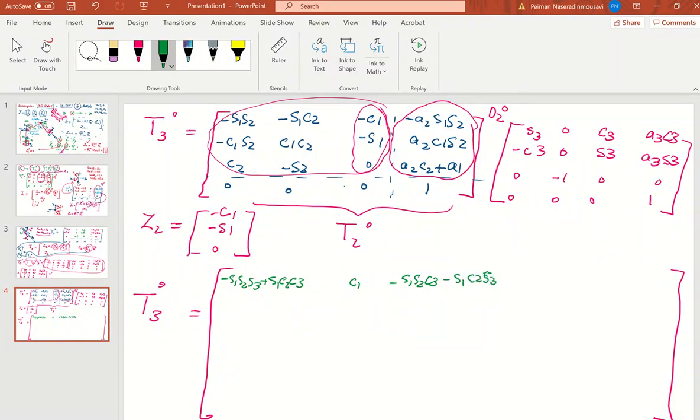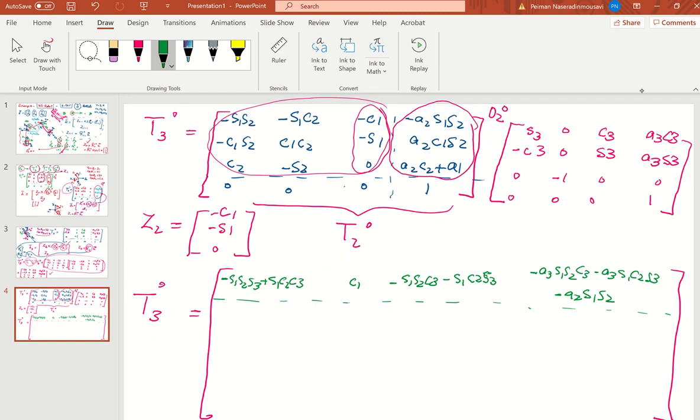You know that each of these means sine theta 1 cosine theta 2 sine theta 3. That's right. 0 and 0. Now these terms are going to be minus A3 S1 S2 cosine 3 minus S3 sine 1 cosine 2 S3, and finally minus A2 sine 1 sine 2. This is the first row.